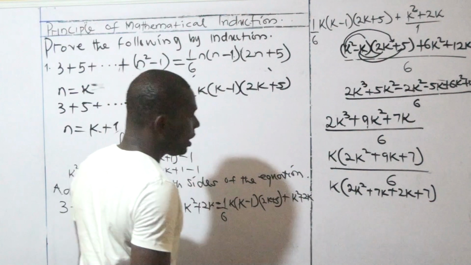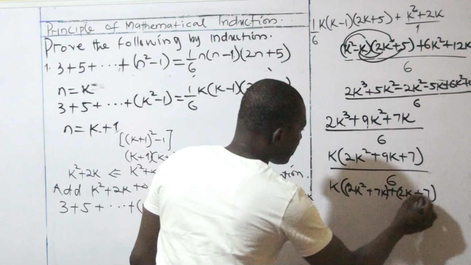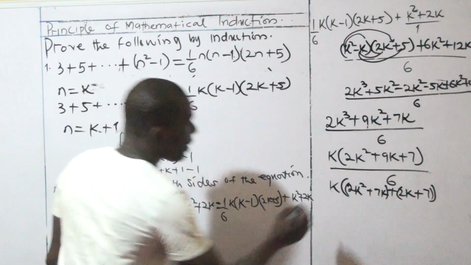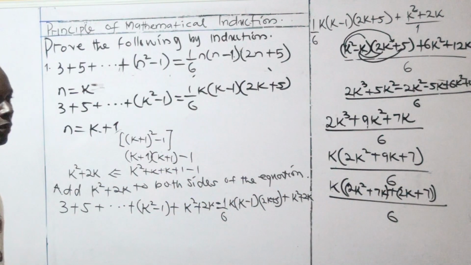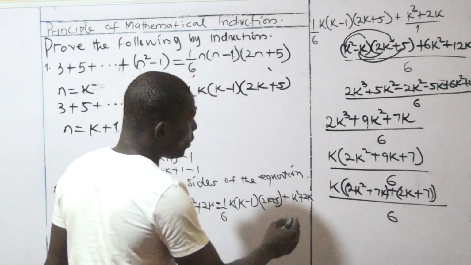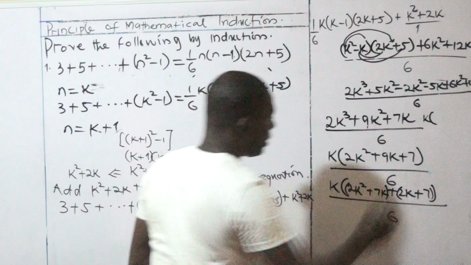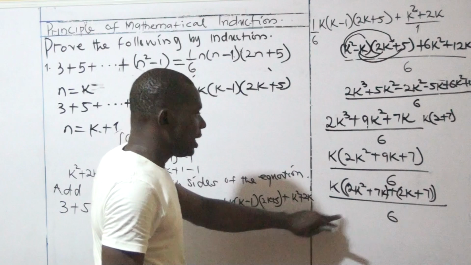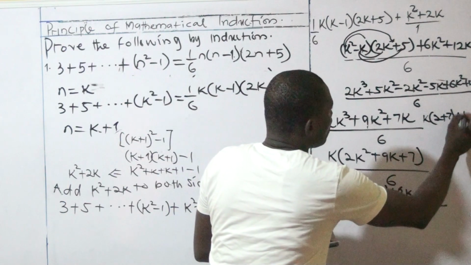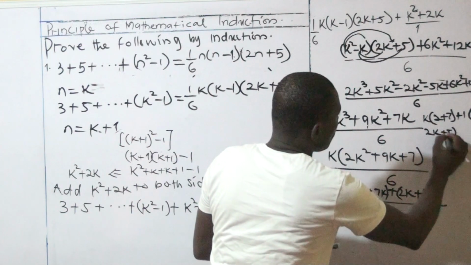So we can factorize. Remember, everything is over 6. By the time we do the simple factorization, you will see that k will be there, we have 2k plus 7 here, plus 1 here, and 2k plus 7 here as well.